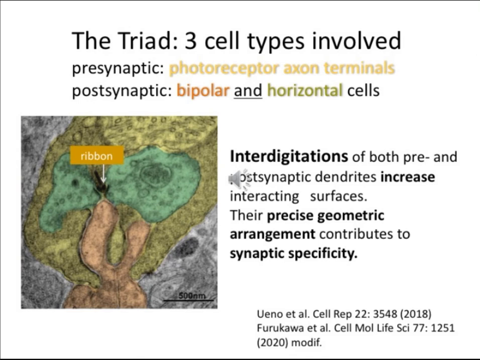As the name suggests, three cell types participate in the synapse, namely the presynaptic terminals of the photoreceptors in yellow, the postsynaptic bipolar cells in orange, and the horizontal cells in green. Their precise geometric arrangement contributes to the synaptic specificity. Moreover, in the presynaptic cytoplasm, we may detect an electron-dense rod-shaped differentiation called the ribbon.